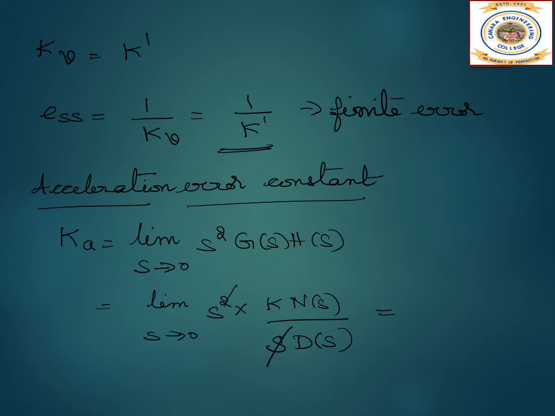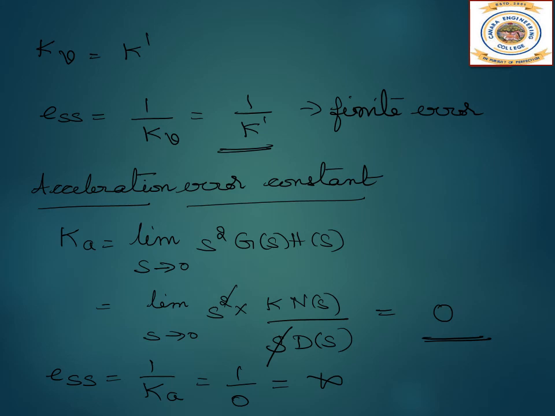So S into something, when we apply limits, we get it as 0. So what happens to the steady state error? It is 1 by Ka or 1 by 0. So what do we get? We get an infinite steady state error.